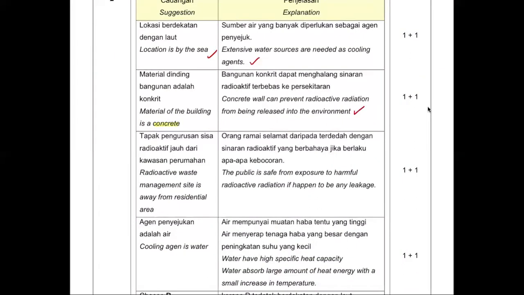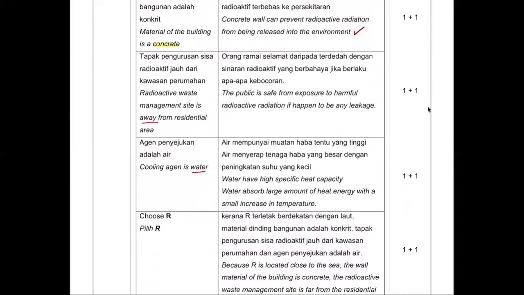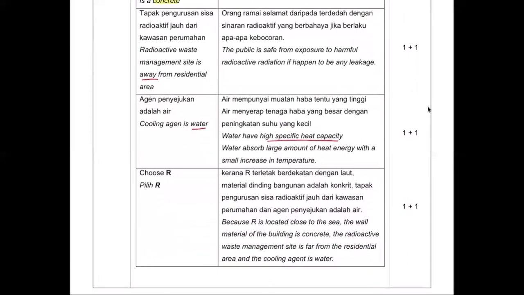And then radioactive waste management site is away from residential area so that the public is safe from exposure to harmful radiation if there happens to be a leakage. And then the cooling agent is water because water has a high specific heat capacity and is able to absorb a large amount of heat energy with a small increase in temperature.